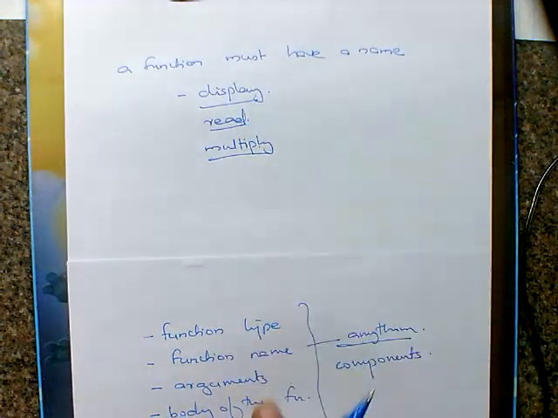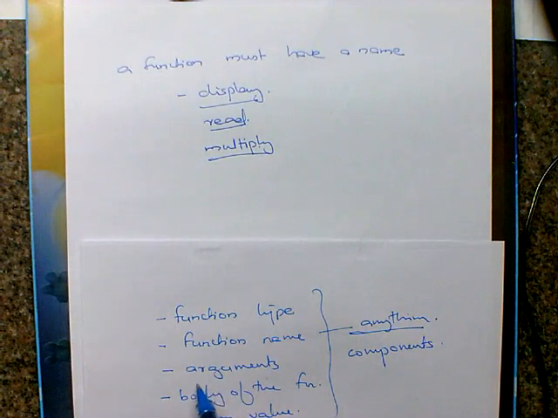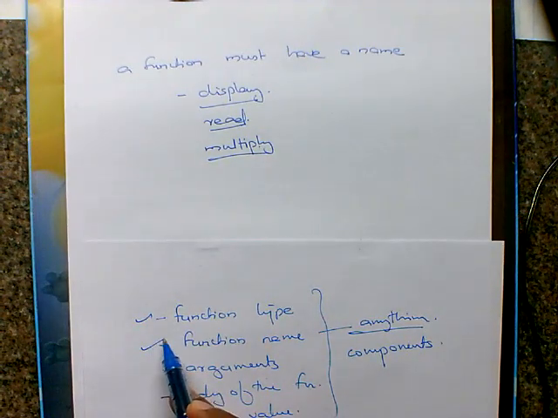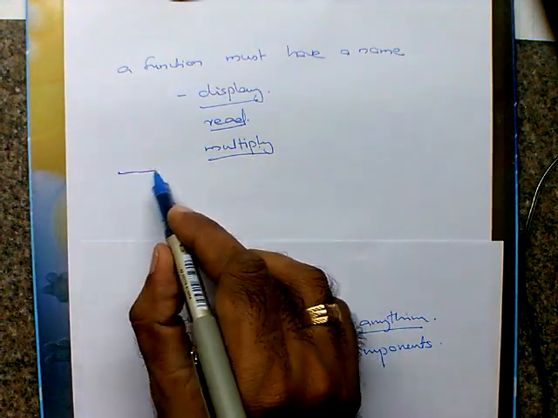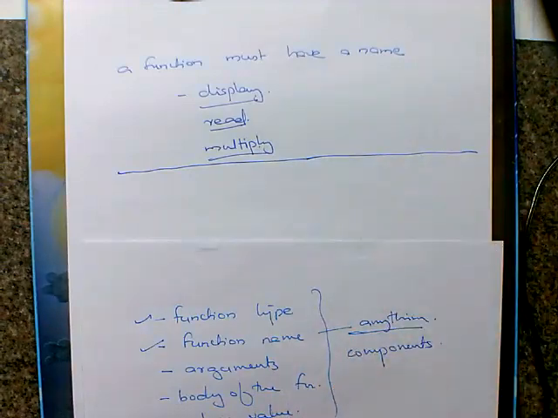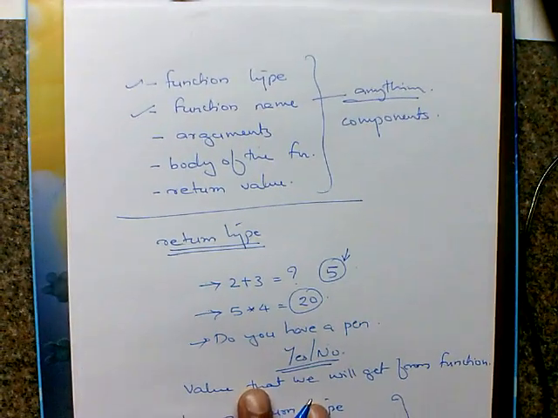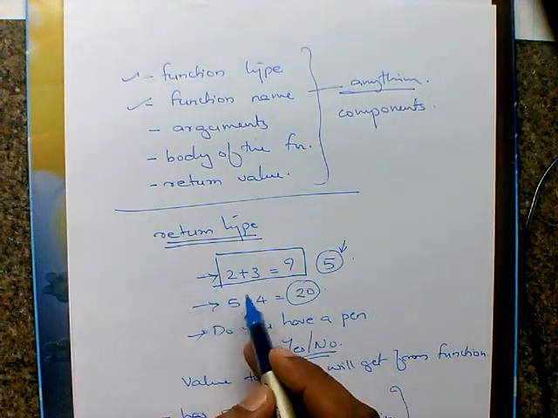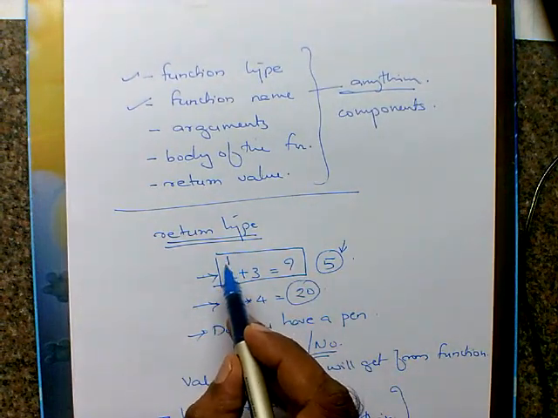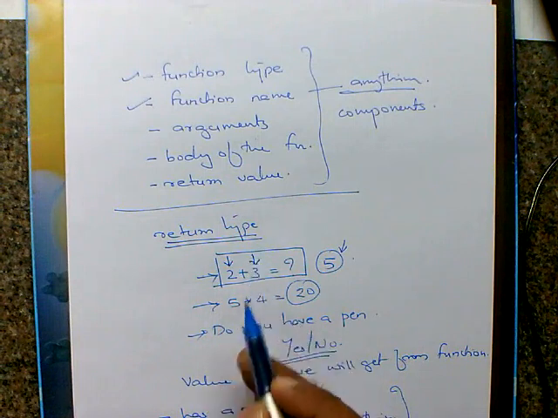And what is next? Next we have arguments. That is the third one. So these two we have seen. What is an argument? Let us consider the previous case. In this case, we are passing two values, which are 2 and 3.